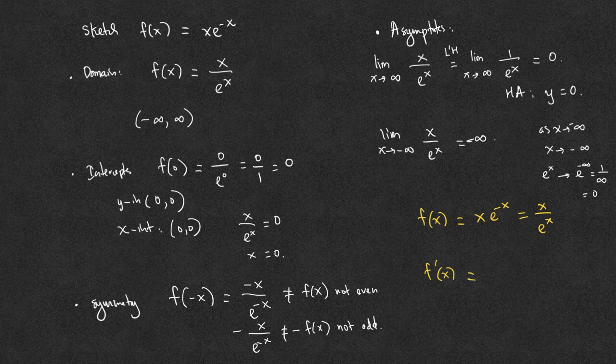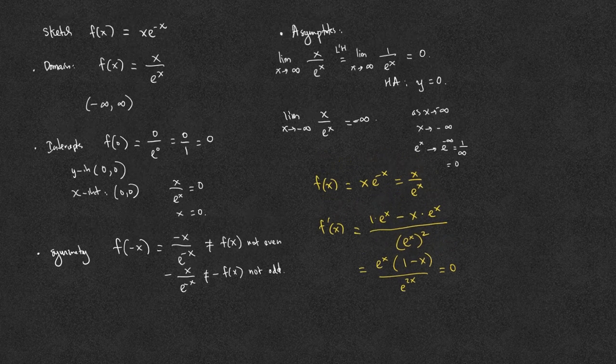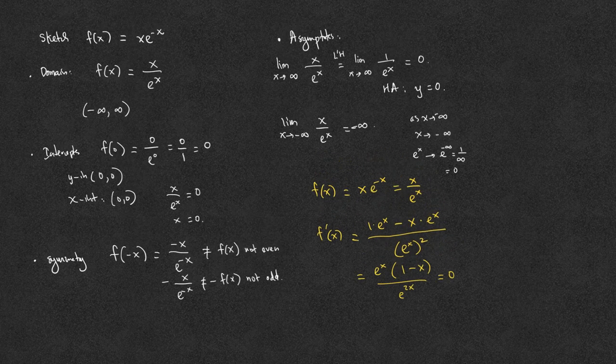Using the quotient rule, we would square the denominator and the derivative in the numerator times the denominator, minus keep the numerator times the derivative of the denominator, and we factor out e to the x in the numerator to get e to the x times the quantity 1 minus x over e to the 2x, and this is 0 when x equals 1. So we found one critical point at x equals 1. This is a critical number.